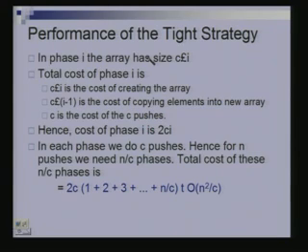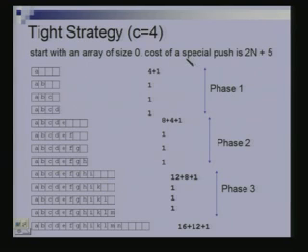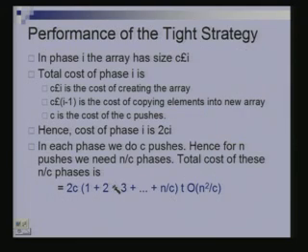So, in phase I, the size of the array is C into I. Yeah, in phase 1 it is C, in phase 2 it is 2C, in phase 3 it is 3C, and so on. So, the size of the array is C into I. So, what is the total cost of phase I? At the beginning of phase I first create an array of size C into I, then I copy the elements of the previous array.